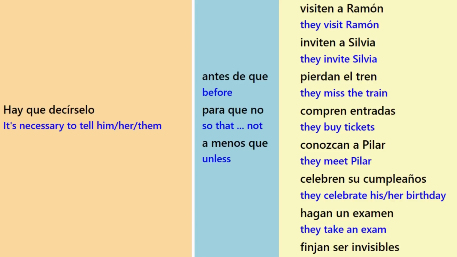How about you have to tell him before he celebrates his birthday. Hay que decírselo antes de que celebre su cumpleaños. How about you need to tell her so that she doesn't miss the train.